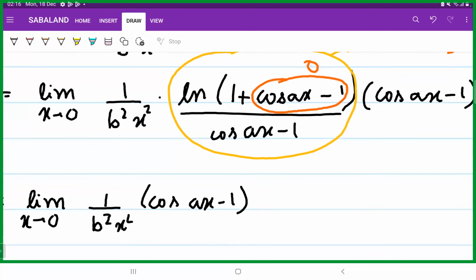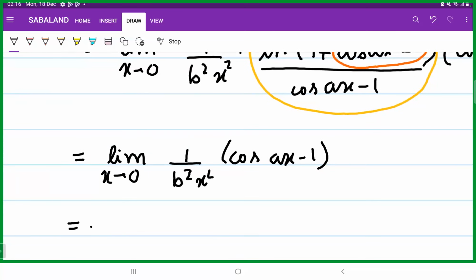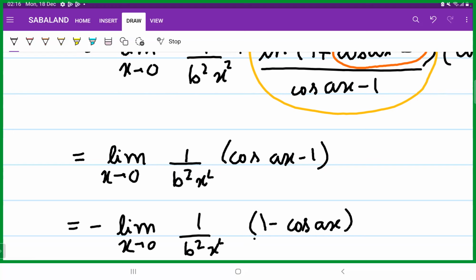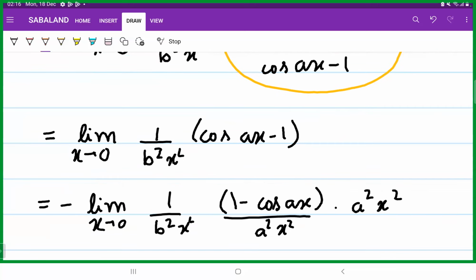So this will be minus limit x tends to 0, 1 by b square x square, 1 minus cos ax, right? Now we have to divide this with a square x square and multiply it with a square x square, in order to equalize the numerator and denominator.